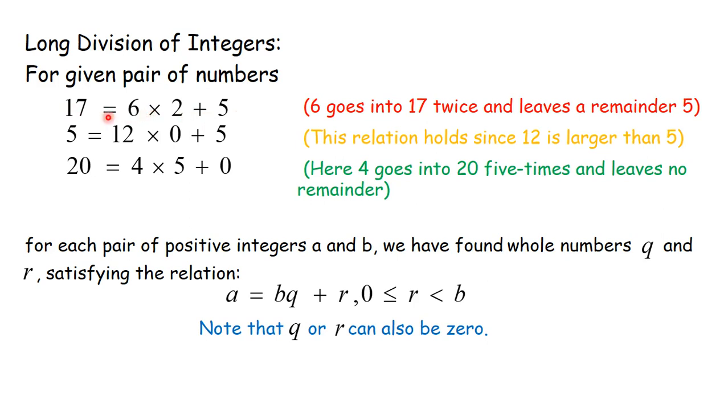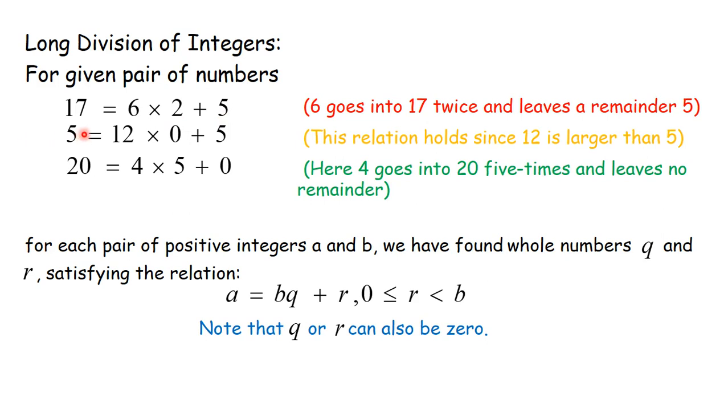So after dividing 17 by 6 you get quotient 2 and remainder 5. I can read this as 6 goes into 17 2 times, leaving remainder 5. Consider the second example.